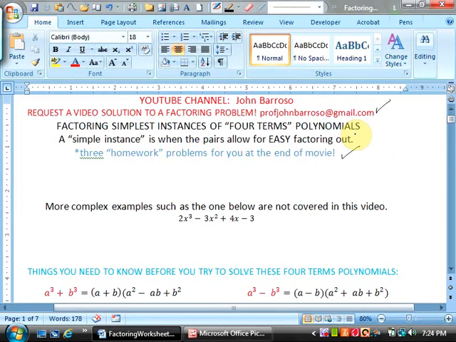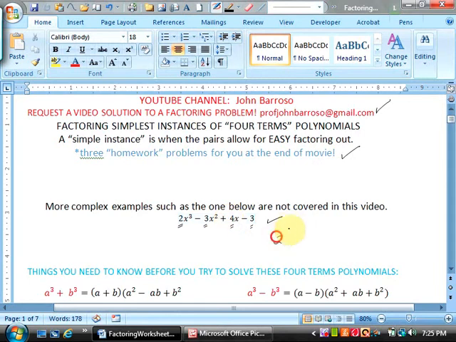Okay, I mentioned here an example which is not the simplest one, because if we pair here, we are not going to easily factor the 2 and the 3 and then the 4 and the 3. So we're not going to work on examples that require too much thinking, but if you're interested in seeing the solution to this one, here it is.